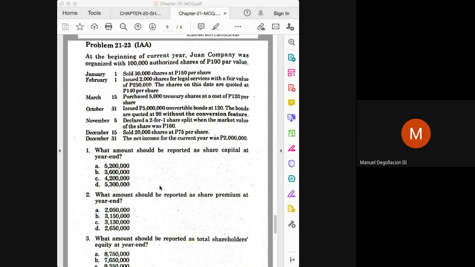So all in all, we have 3 million plus 200,000 plus 1 million. We will have 4,200,000. The November 5 split will not affect our share capital because it does not affect the total value of the share capital. It only affects the par value per share and the total number of shares.